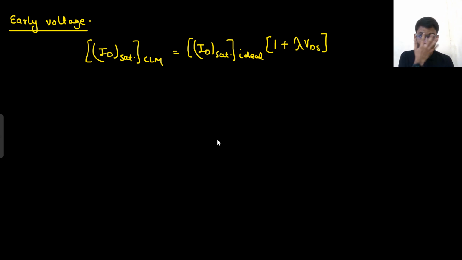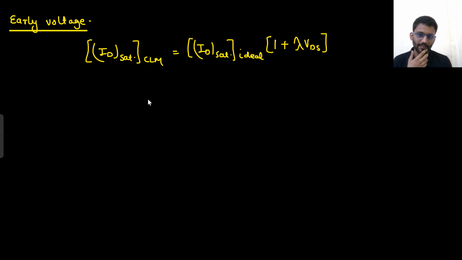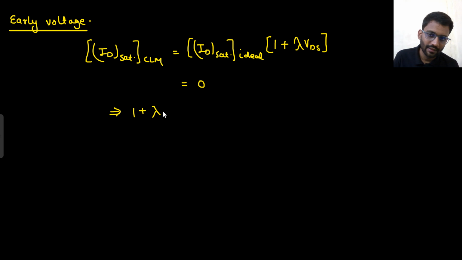This is your ID sat in channel length modulation. When will this current be 0? To put this current equal to 0, what should happen? 1 plus lambda VDS should be 0. VDS will be minus 1 by lambda.